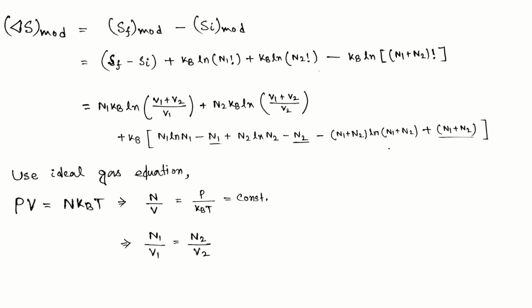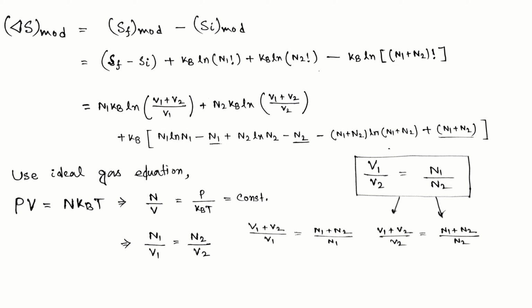So at the beginning we have taken pressure to be constant. Pressure is the same for both containers. So it actually helps us here, so that we can use the ideal gas equation. Okay, so from that we can calculate V1 by V2, that is the same as N1 by N2.